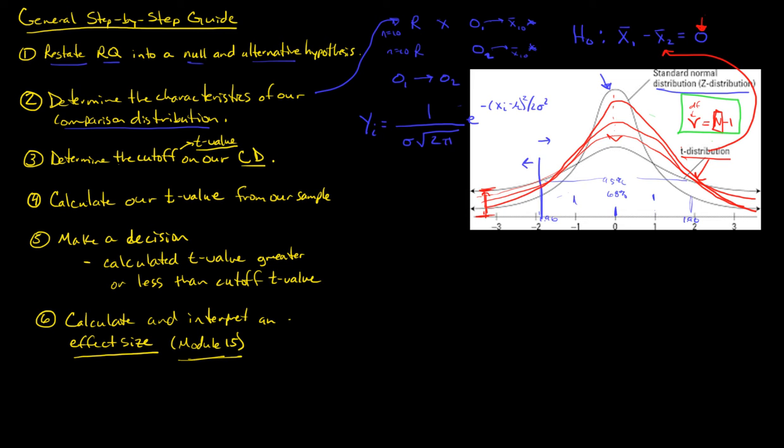Okay? So then step 3, determining the cutoff. Well, the cutoff in a normal curve is 1.96, but because the shape of our curve is changing for every n-1, that means that if we want to capture scores that are going to be outside of the 95th percentile on either side, plus or minus, then the critical score is going to change as a function of n-1.